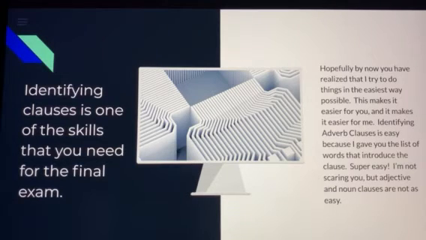But all of these words, subordinating conjunctions, super easy. When we look at adjective and noun clauses, some of the signal words overlap. And so it's not as obvious if it's an adjective or a noun clause, but adverb clause is super easy. They all have subordinating conjunctions and they can all be moved. But first things first, identifying.